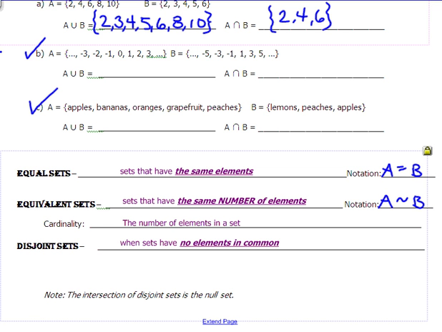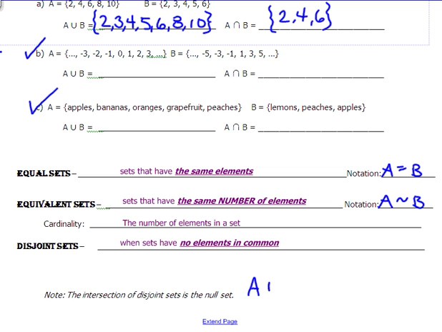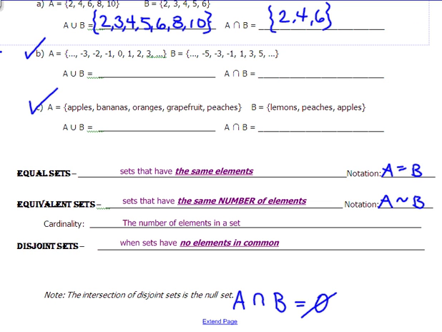Kind of logical. So we can write that as, if you wanted to write it symbolically, A intersection B equals the empty set. Oh, that was supposed to be a slash. I don't know why my pen just disappeared. Okay. Moving on.